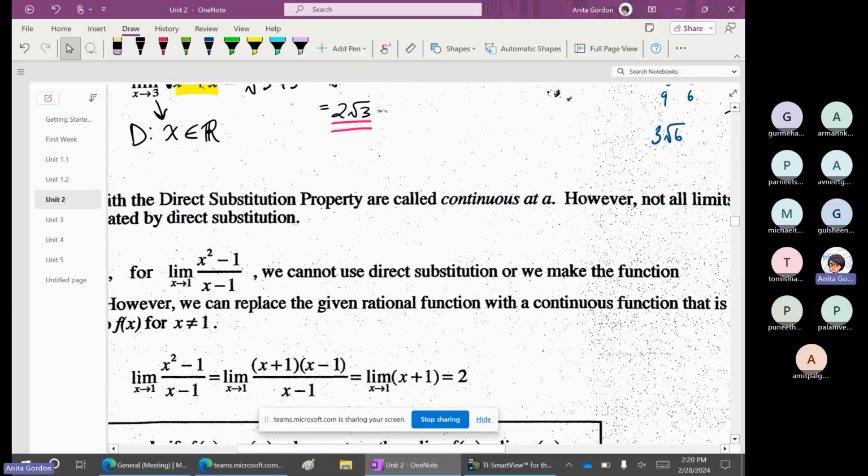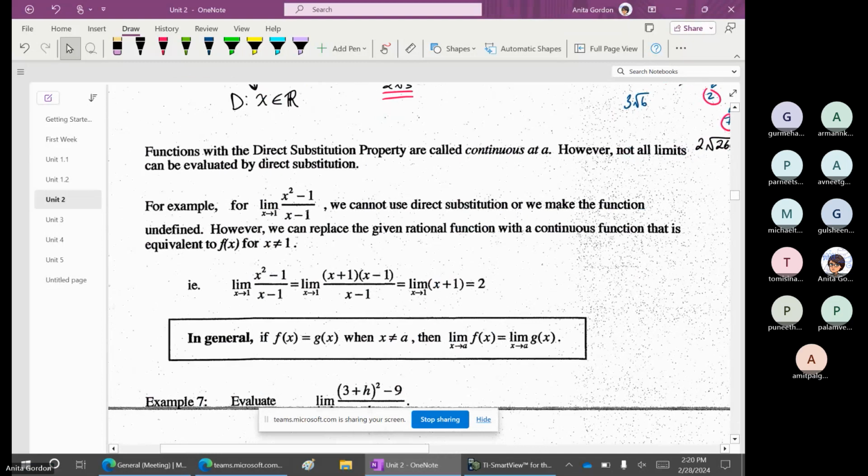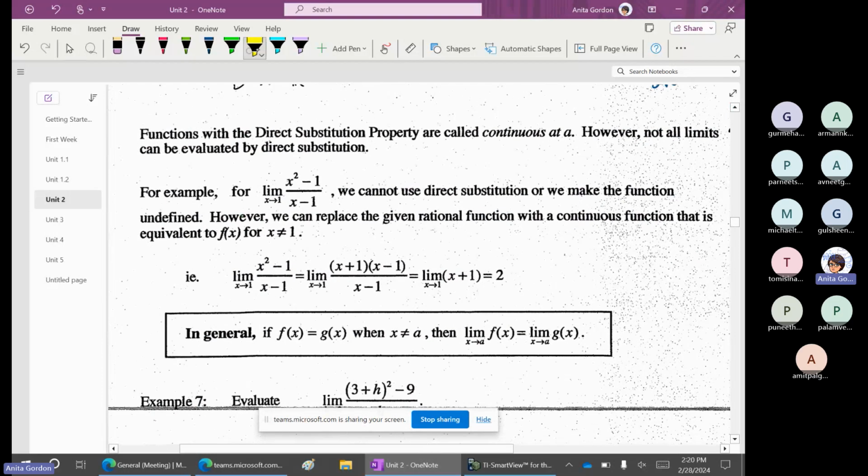I think we're at the very bottom here, our last little bit of our lesson. Functions with direct substitution properties are called continuous at a.